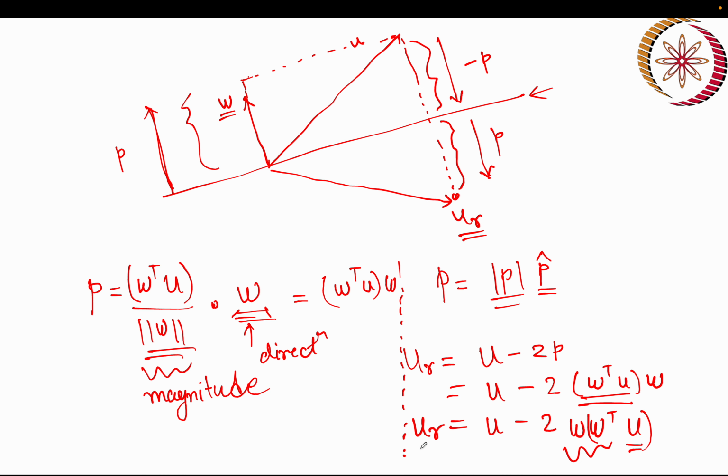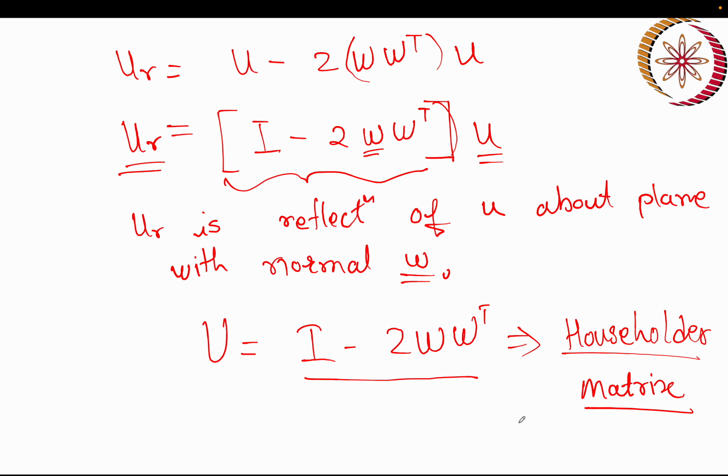We found out how to get the reflection, and then we found out the reflection matrix. This was the matrix which was reflecting u, and that was the Householder matrix. That's how it takes this form, I minus 2 w w transpose.